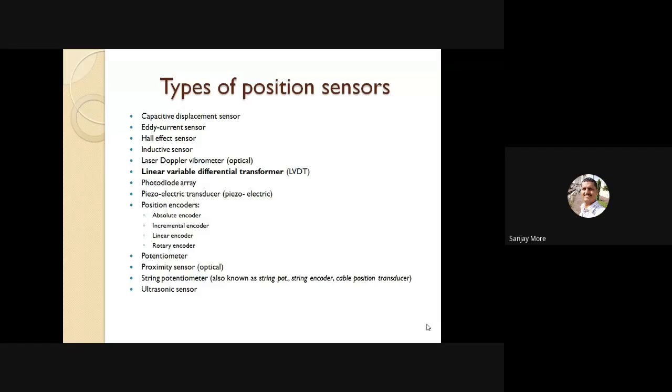Then position encoders. In position encoders, four subtitles are there. First, absolute encoder.